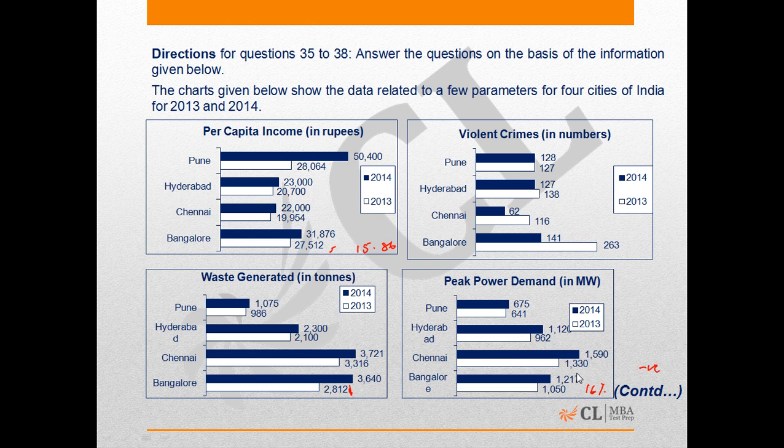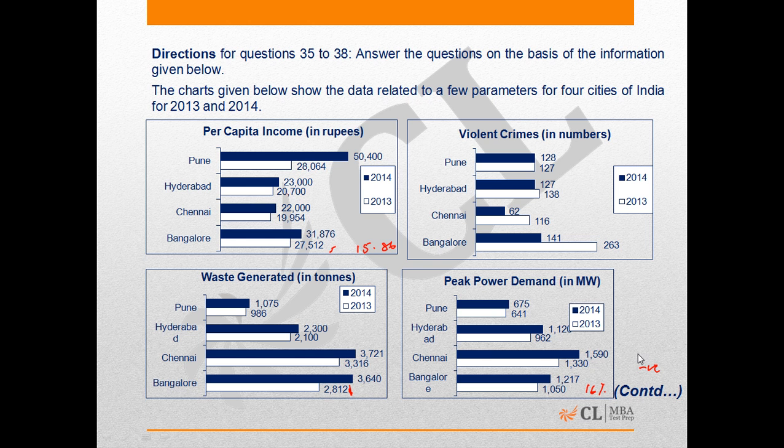Now looking at the second state, Chennai, from the graph we can easily say that percentage increase in peak power demand will definitely be more than percentage increase in per capita income, as it is obvious: percentage increase in peak power demand is around 20% and that in per capita income is around 10%.